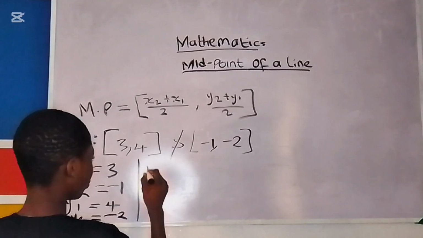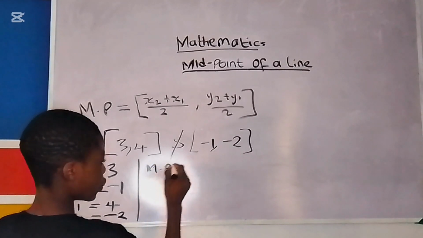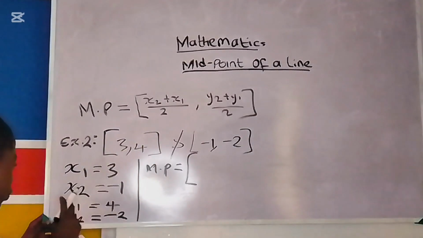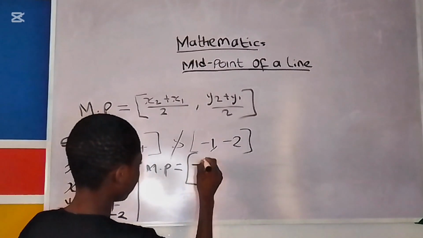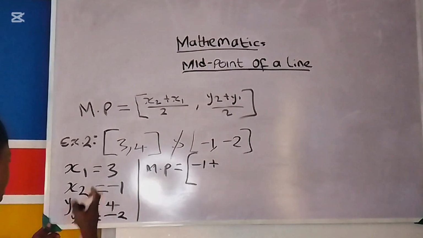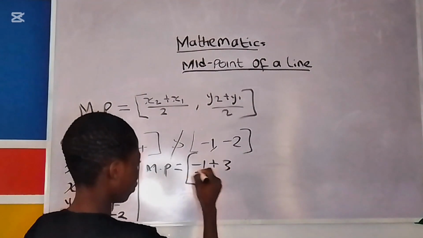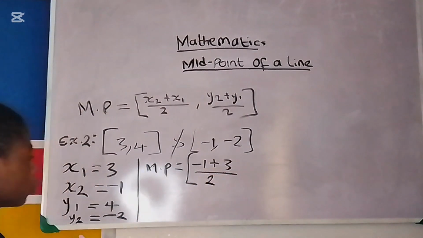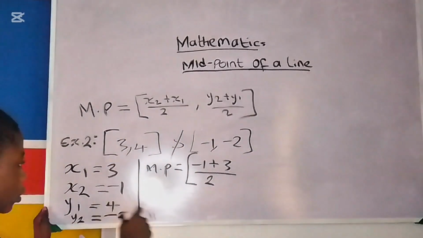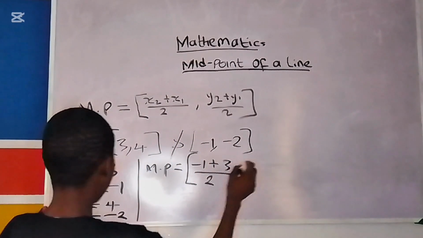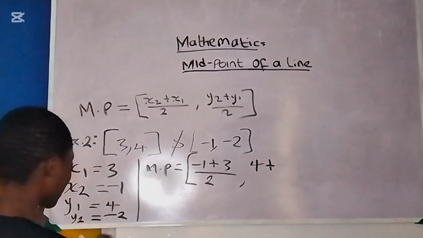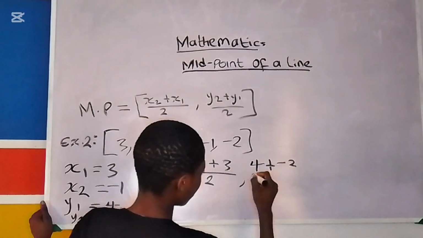So our midpoint is equal to x2, which is -1, plus our x1, which is 3, all over 2. This 2 is from our formula. So our y1 is 4, and our y2 is -2, all over 2.